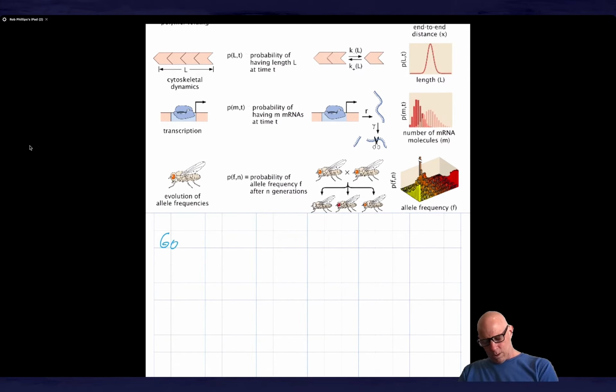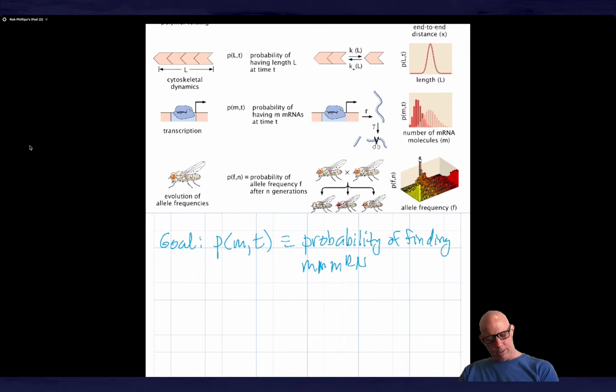The goal is to find P of m and t, where P of m and t is the probability of finding m mRNAs when I grab a cell at time t. So that's what I'm trying to do.